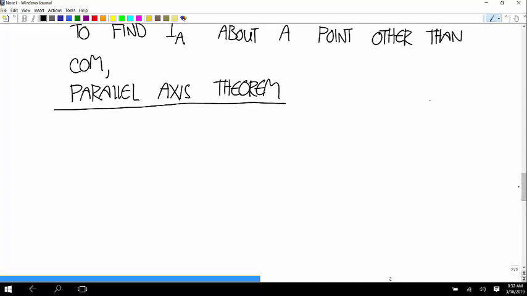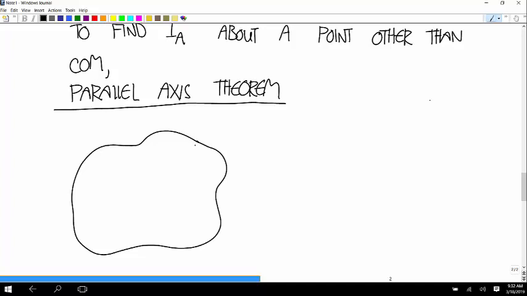And what this says is, let's say we have this arbitrary object in 2D, and let's say that the center of mass is here.